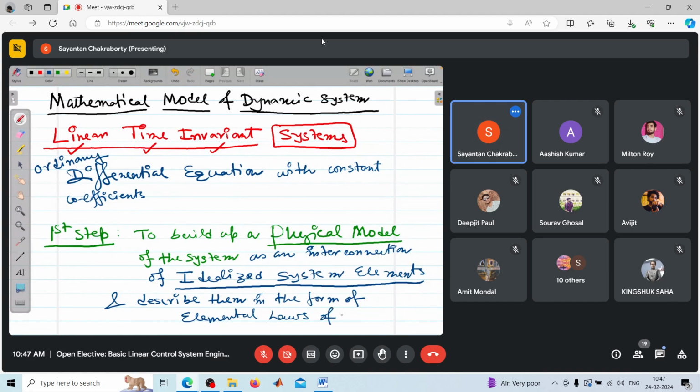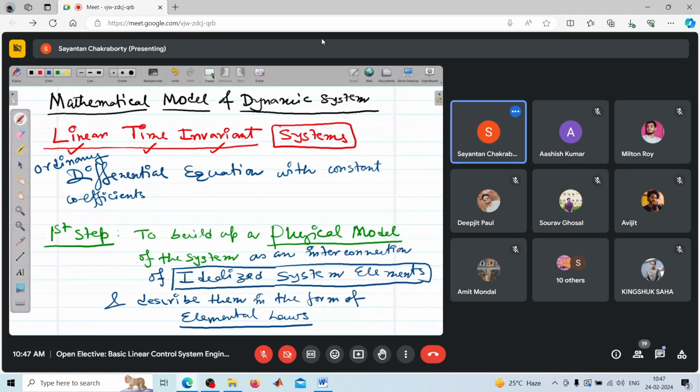I should not say laws of physics; it may be physics, biology, chemistry, or you can say from the first principle perspective. So we should first identify what these idealized system elements are.